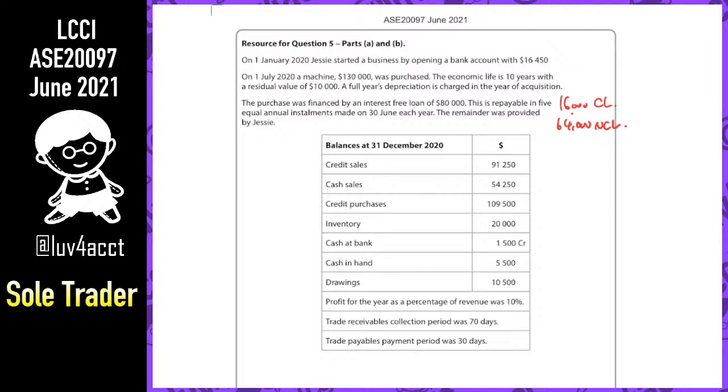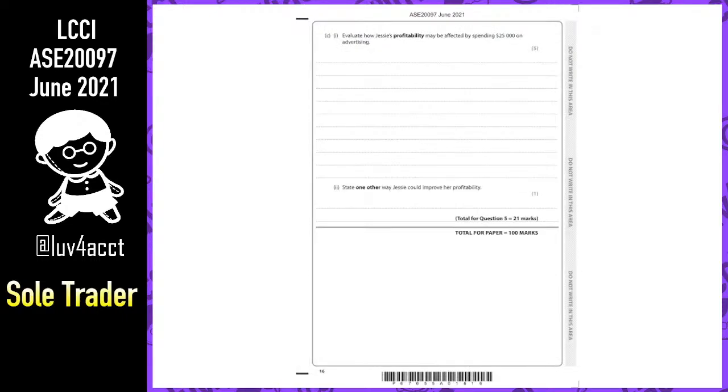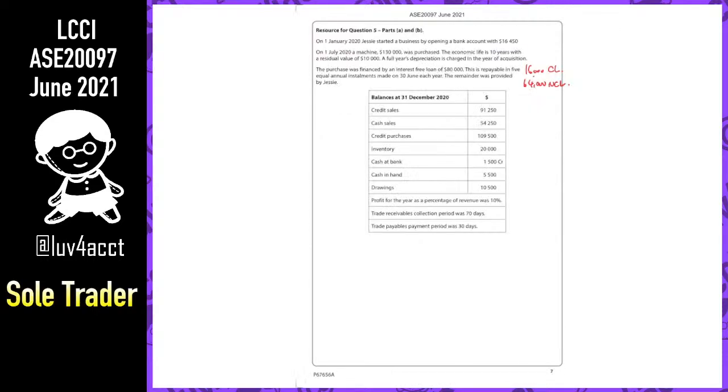Because I remember we have to work on the statement of financial position. Oh, still so much to do.